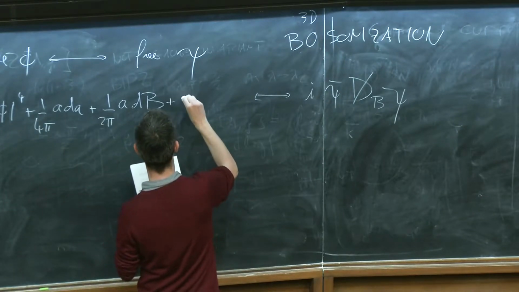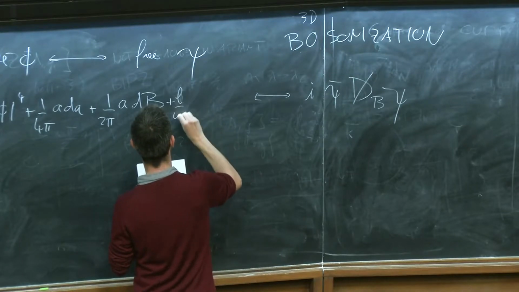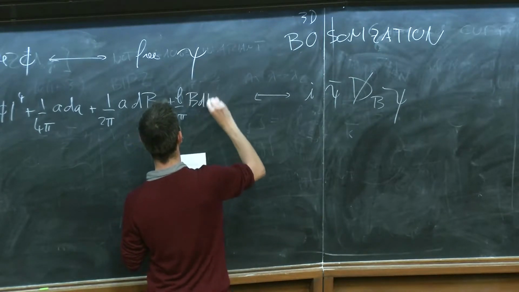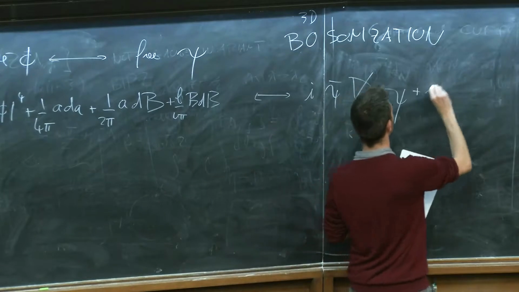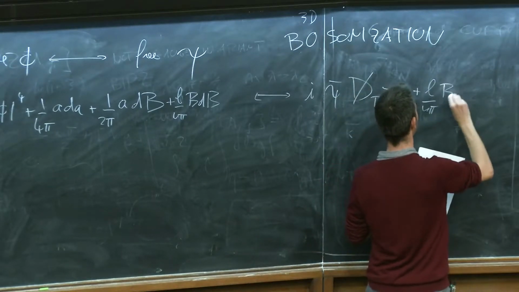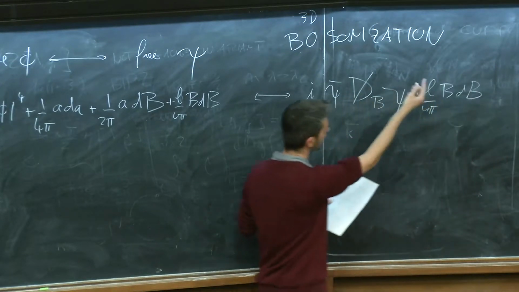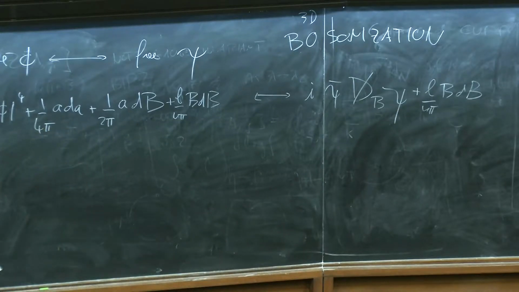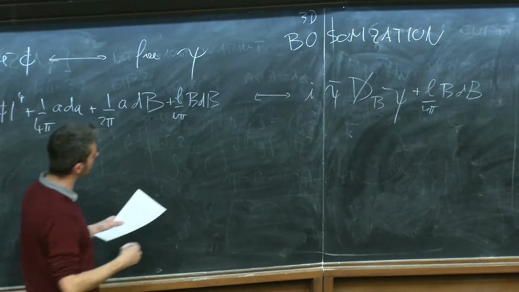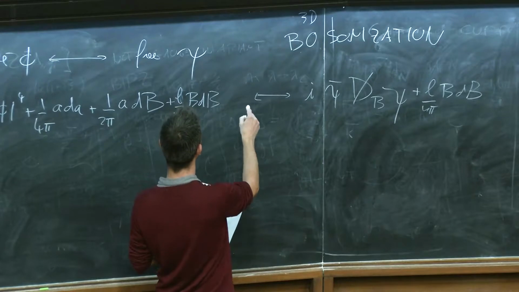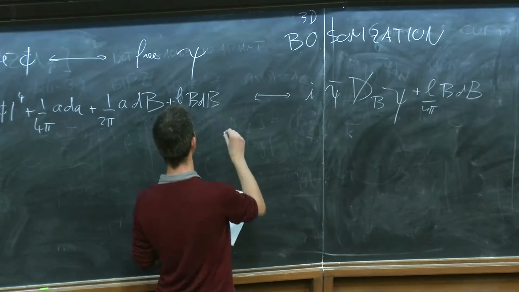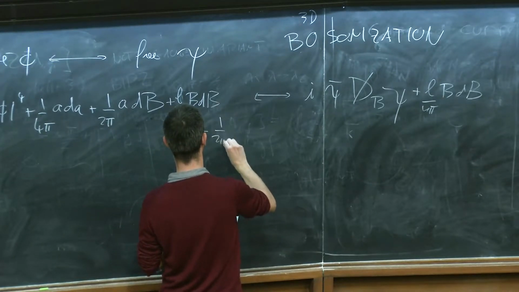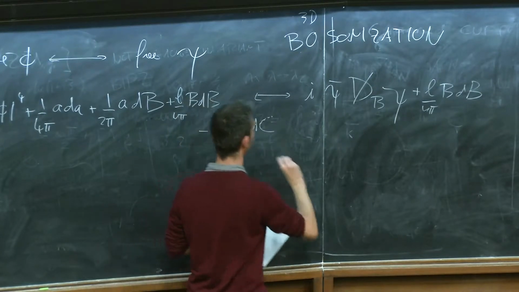So in particular, let me add L over 4 pi B dB on both sides, for some integer L. Then let me introduce a new background field C which is coupled magnetically to this B. So let me add 1 over 2 pi B dC.